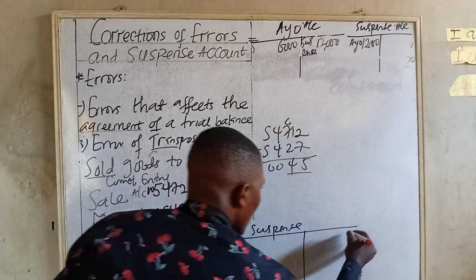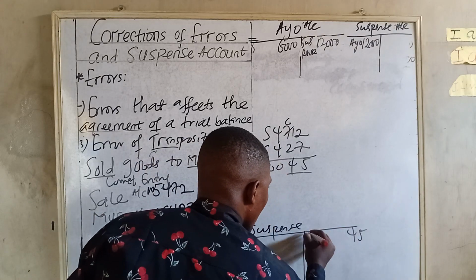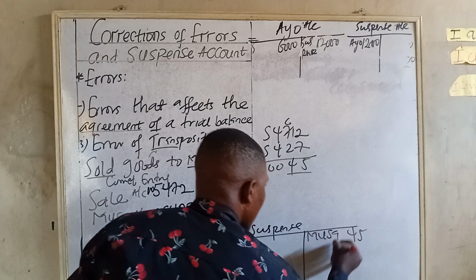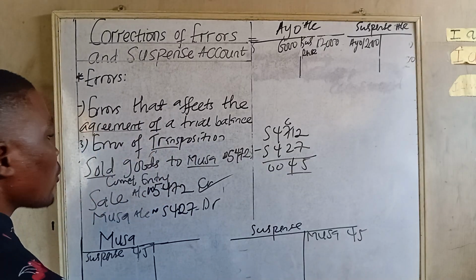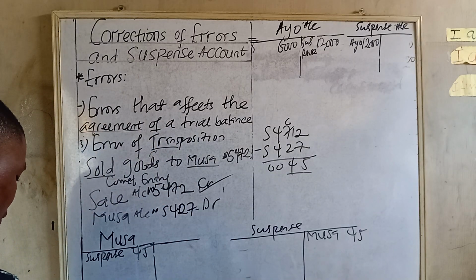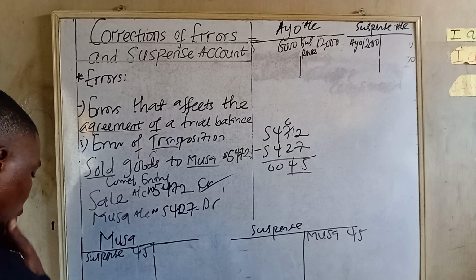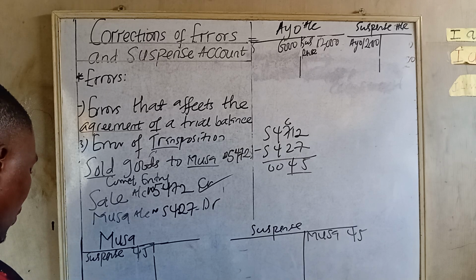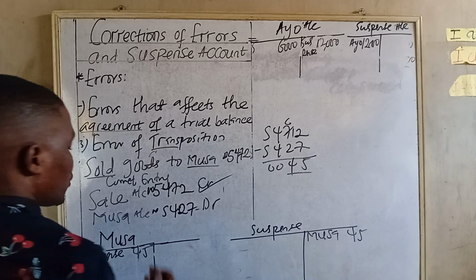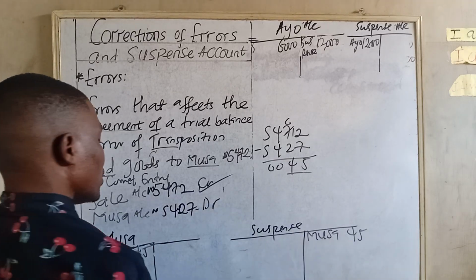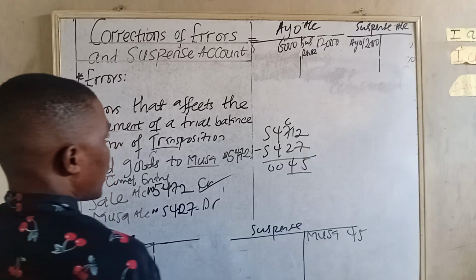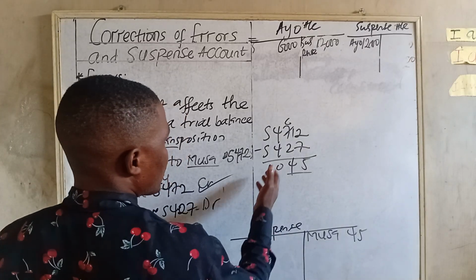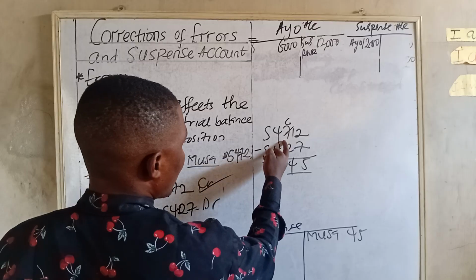Then we come here, we credit the Musa account. So this is how to correct the error. Then under trial balance, you just need to balance the account and take it to the trial balance.